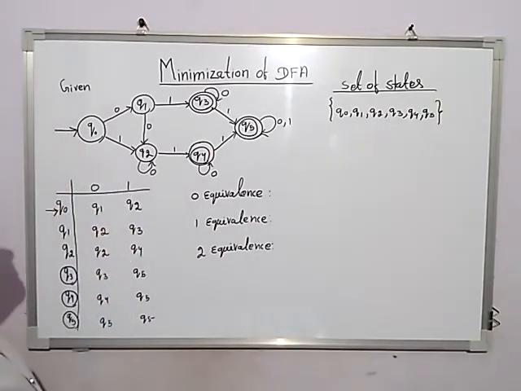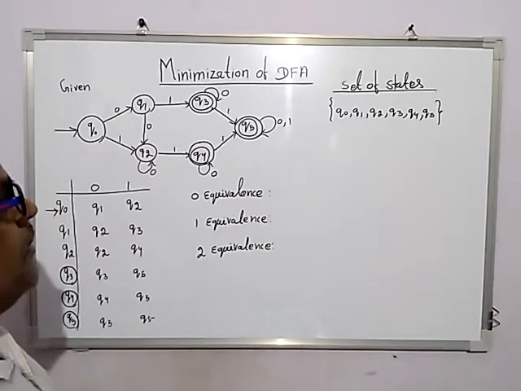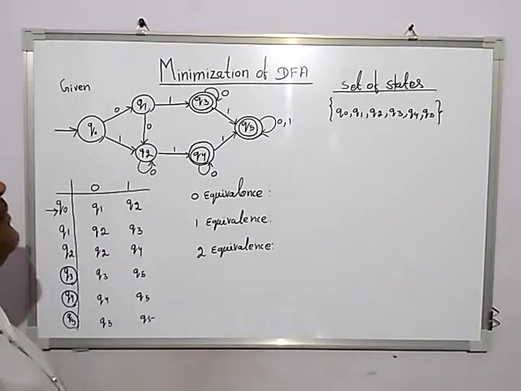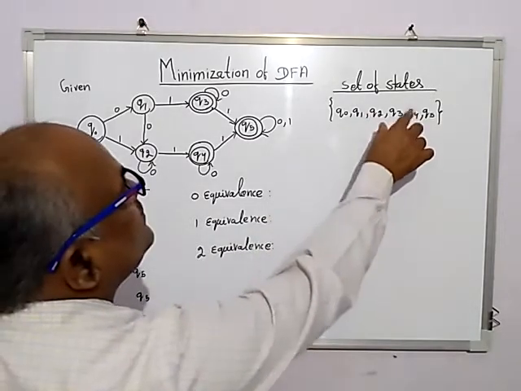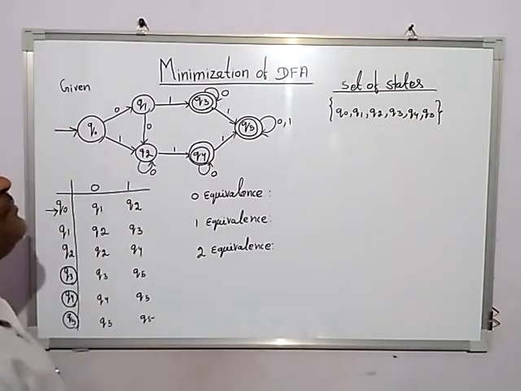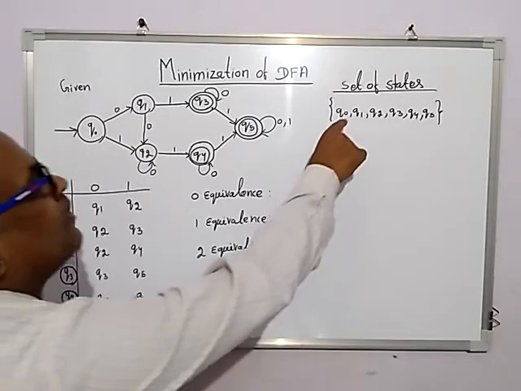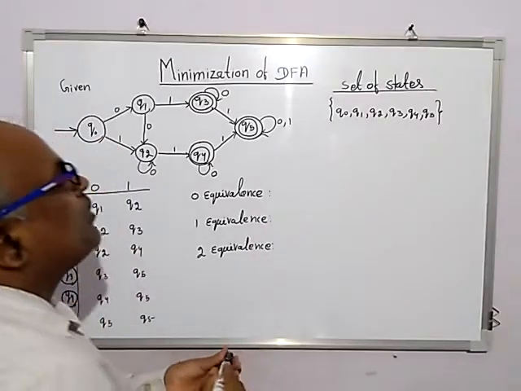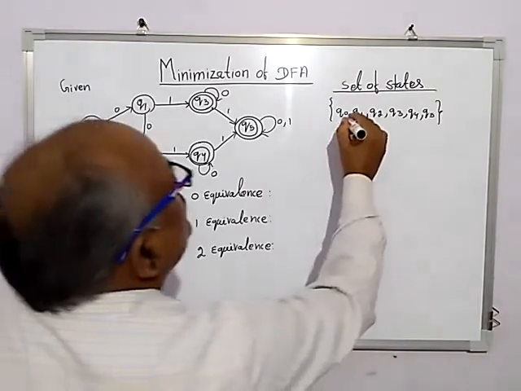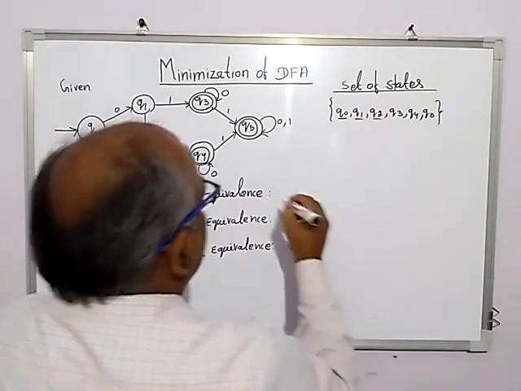So what is the first procedure? What is the first step? First, you have to divide the set of states into 2 subsets. The first subset contains the non-final states. So non-final states means Q0, Q1, Q2.